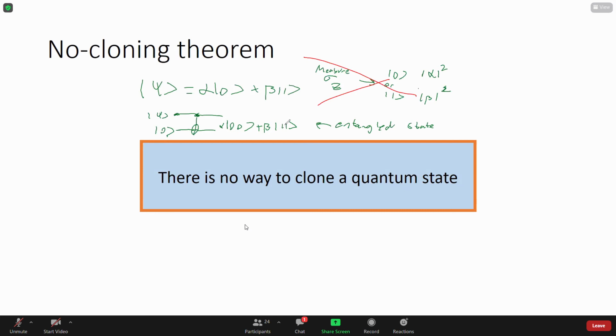Meaning it doesn't actually clone the state, because again, if we measure qubit 1, then we would also collapse qubit 2 and so on. And this was just an example. If you really want to be nasty about it, you could prove formally that there really is no way to clone a quantum state. That's just a statement, it's a fact, and it's something that we will make use of.